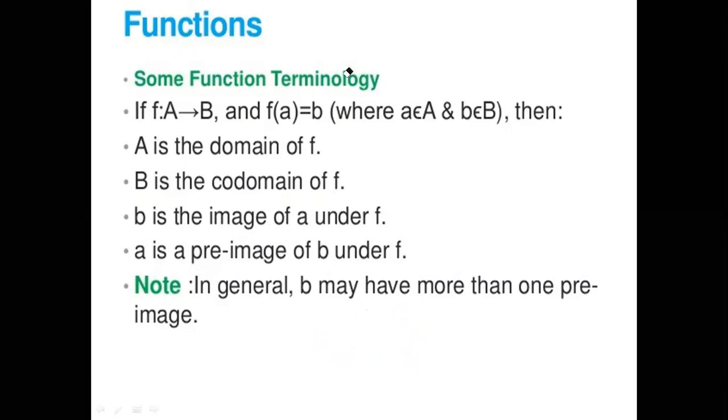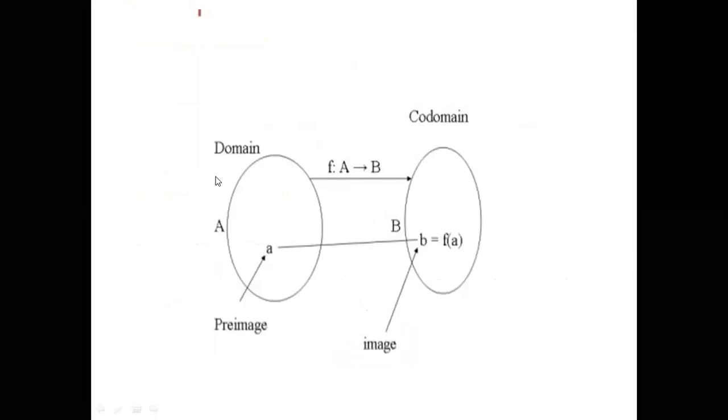So let us understand it with an example. Here this is a set A and this is another set B, and this is called domain and this is called codomain, and an element of set A is called pre-image and an element of set B is called image, and it is noted by f, function from set A to B, right?